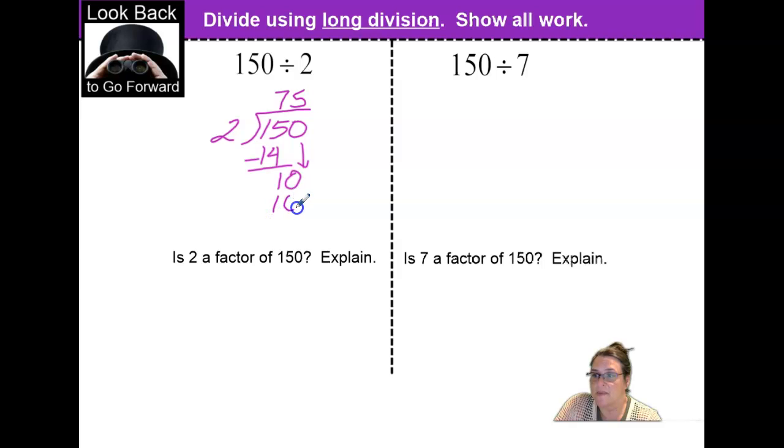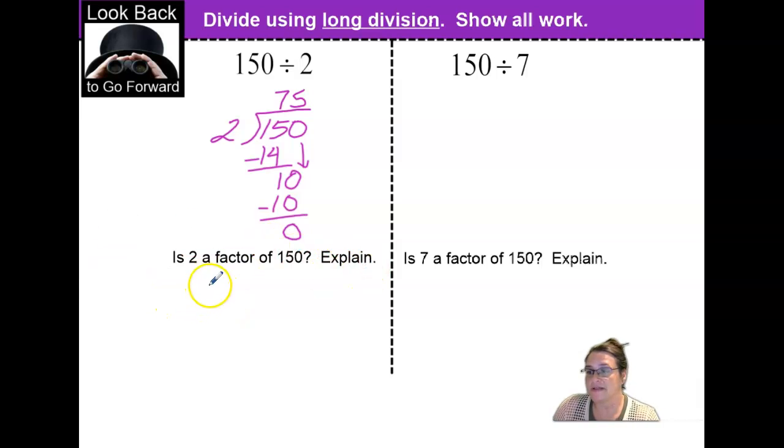So I write that at the bottom, and then I draw a line, I change the sign to subtraction, and 10 minus 10 is 0, right? So that means that 2 divides into 150 75 times evenly, right? Because my remainder is 0. And is 2 then a factor of 150?